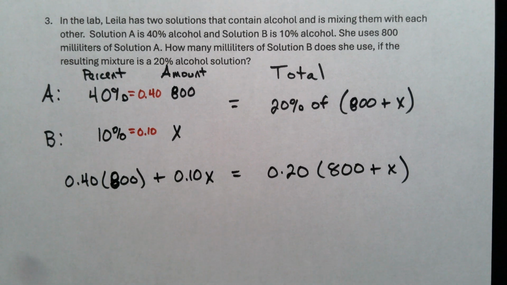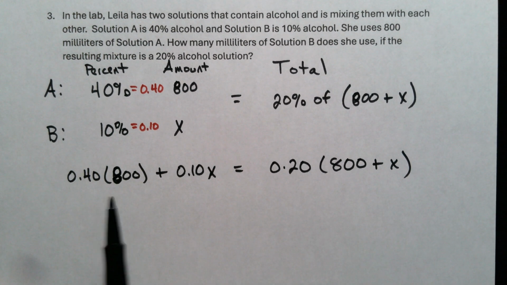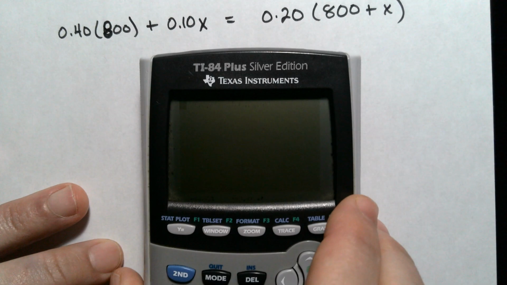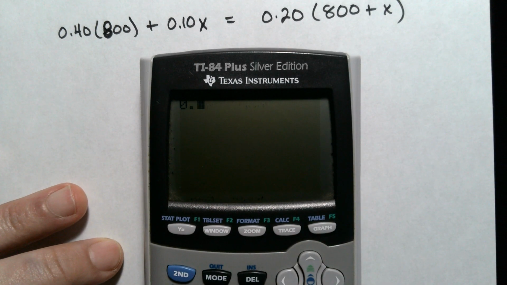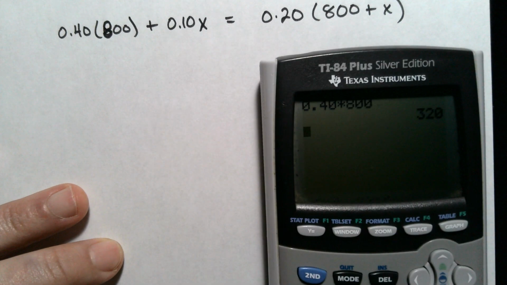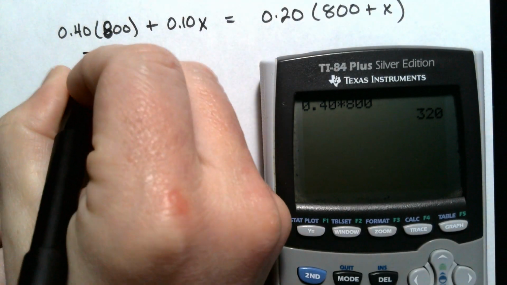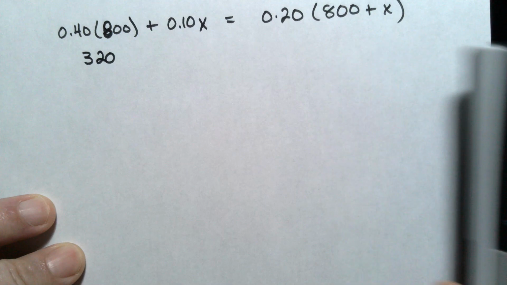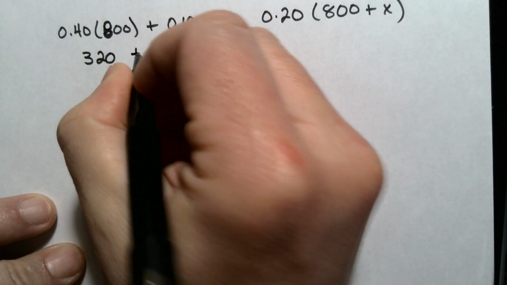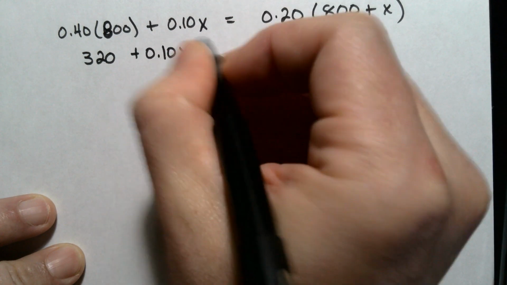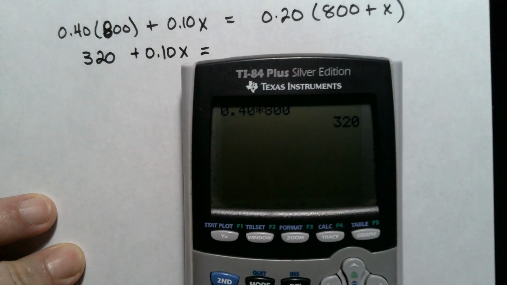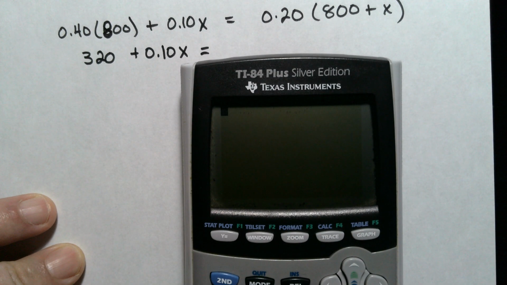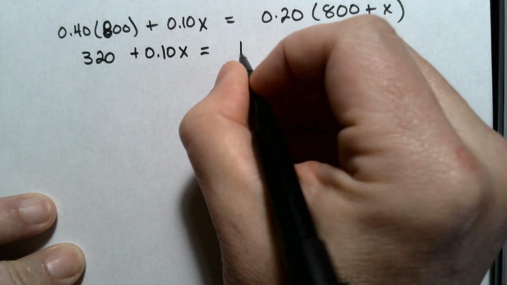Okay, so let's solve this thing. So first, let's do this multiplication right here. So 0.40 times 800 is 320. So 320 plus 0.10x is equal to, let's do that multiplication. So 0.20 times 800 is 160.